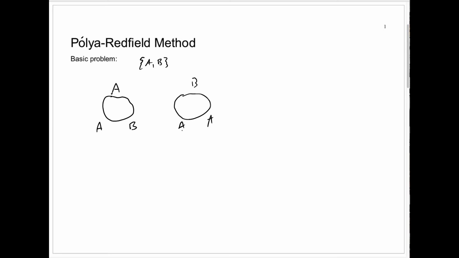If you're one of the A's, you have an A on one side, a B on the other. So it doesn't matter whether you write it this first way, this second way, or even this third way here, with a B there, and an A there, and an A there. They're all just rotations of each other. We want to consider these the same.